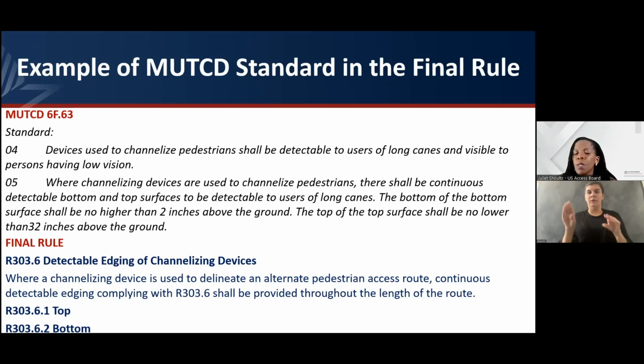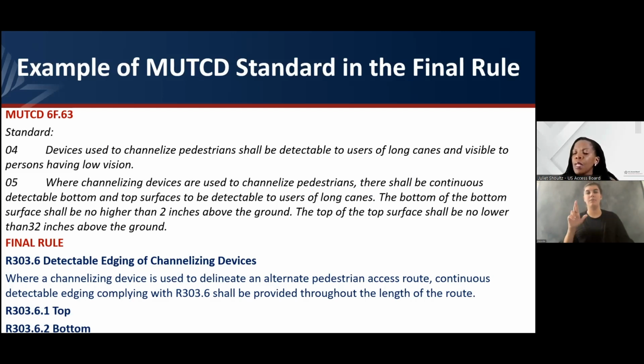They give you technical specifications in the MUTCD standard, and we have incorporated that in the final rule as provision R303.6, detectable edging of channelizing devices. Where channelizing devices are used to delineate an alternate pedestrian access route, continuous detectable edging complying with R303.6 shall be provided throughout the length of the route.